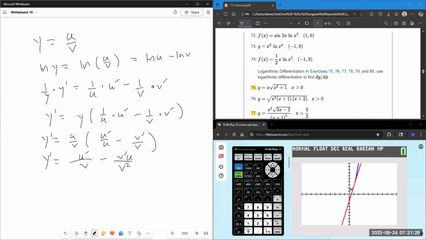So I need to make a common denominator here, v over v. So this is y prime is u prime v minus v prime u all over v squared. And all that should look familiar. Those are just like the proofs, if you want to say that, to the product and quotient rule that you can do after you learn this logarithmic differentiation technique.